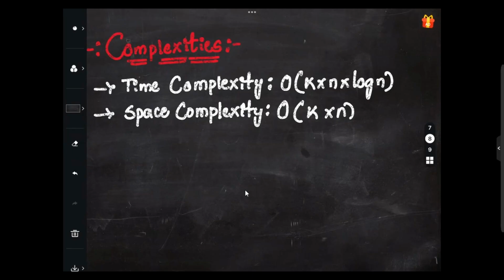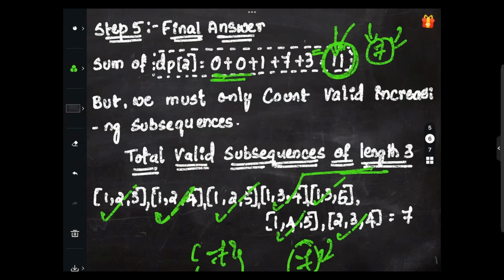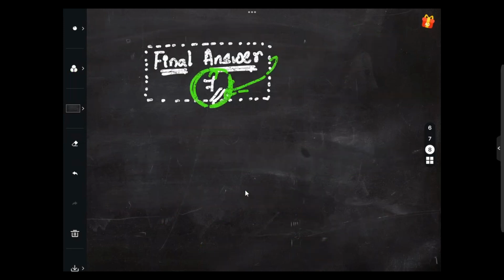In our first example, n has been given as 5 and k as 2.